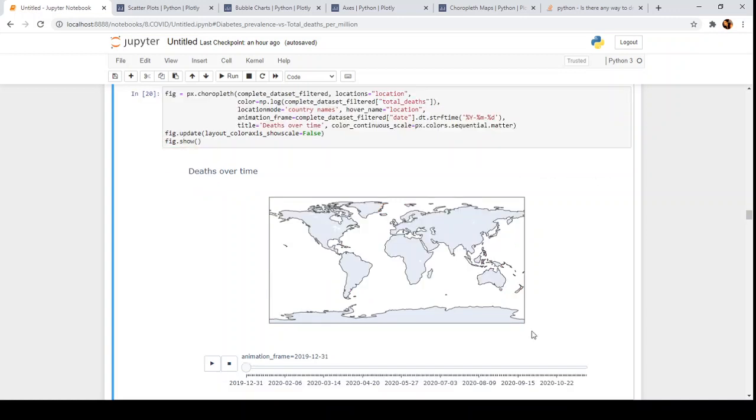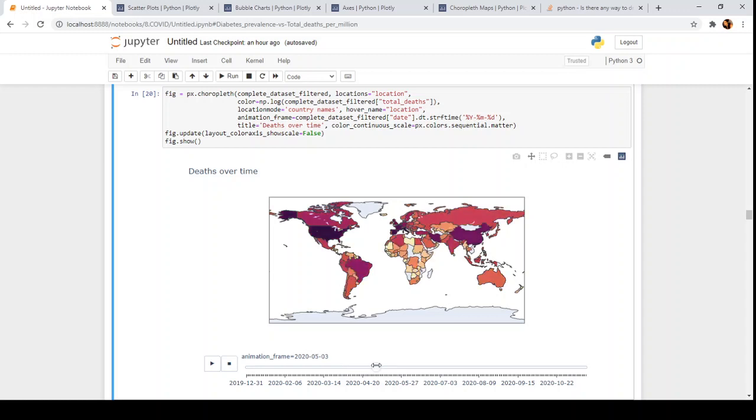So cases are increasing. Similarly, you can see the deaths. Slowly China is registering its initial deaths, and now the color will spread over the world map. See how it is spreading so rapidly now. From December to November 2020.